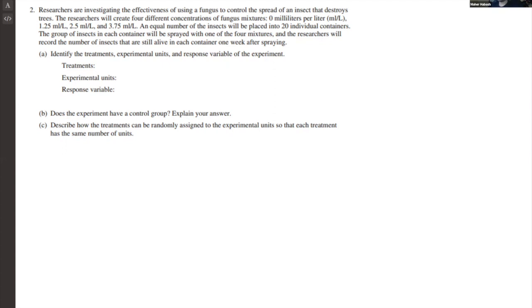Any questions on that one? How do you do that in the calculator, the random number generator? Oh, no, you don't. You just explain it. That's how you would do it. They'll never ask you to do the random assignment yourself. Yeah, so good question, but we wouldn't need to worry about that.